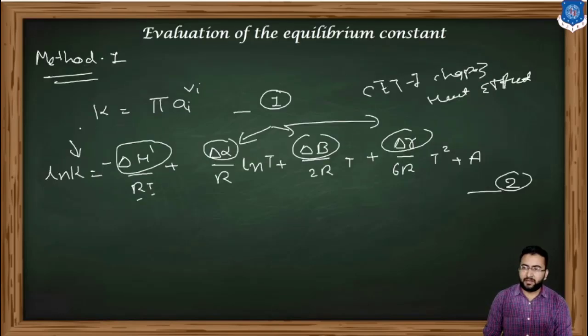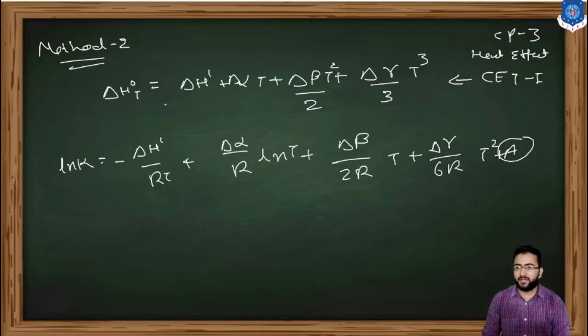Previously we found all these values experimentally, whereas here we are just using the literature values to find ln K, or the equilibrium constant.